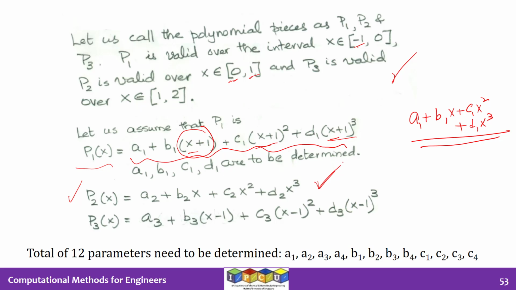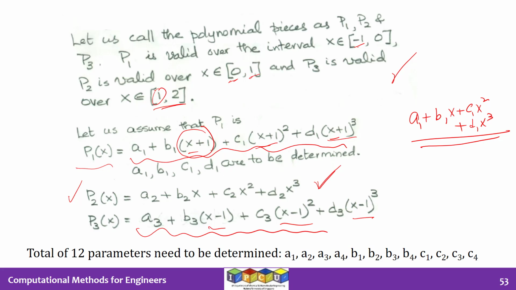The third cubic polynomial P3 will be written like this, involving parameters a3, b3, c3 and d3, and they use x minus 1, (x minus 1) squared and (x minus 1) cubed as the so-called basis functions. The reason being P3 is valid over 1, 2.